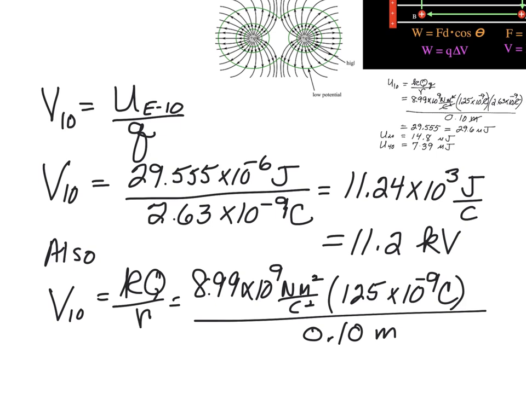So it makes sense to label those surfaces by the voltage because it's independent of the charge you put there. Also, if we just use the equation for calculating the electric potential for a point charge, this gives us the same result.